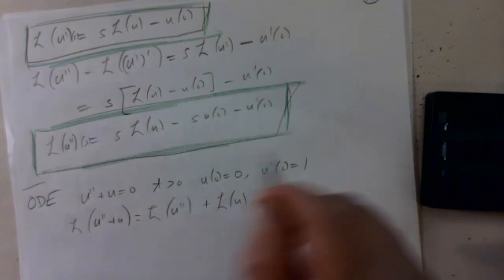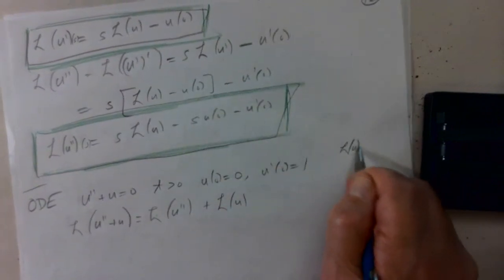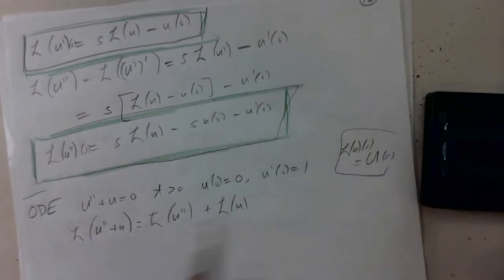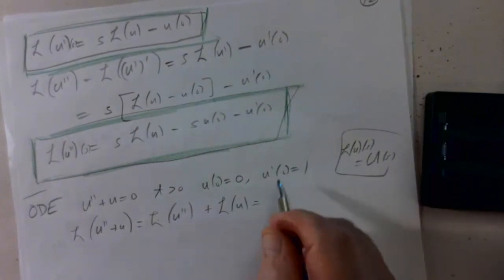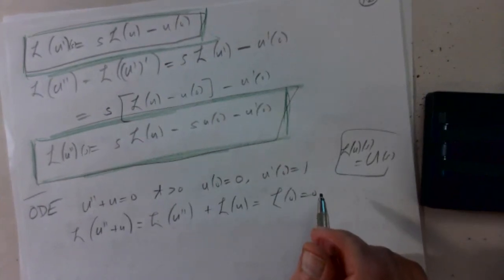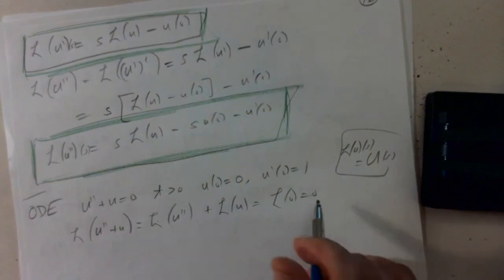Let me write L of u of s as the function capital U of s. This equals the Laplace transform of 0, which is 0.